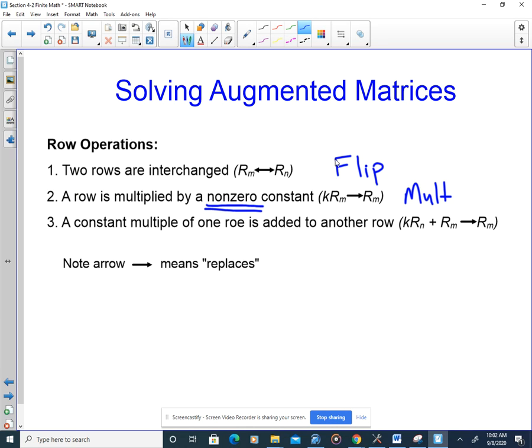And then last, you can add any two rows together. And you can combine these together. So you can multiply a row, then add, or you can add two rows and flip. You can combine these three things, but these are the three things that you're allowed to do. Flip, multiply, and add. All right.